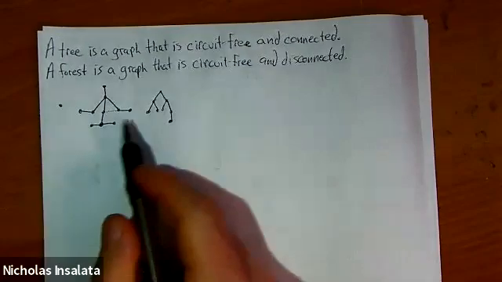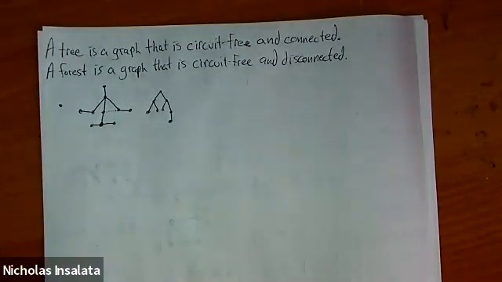Now, if we have a forest, then we can add some edges and it would still be a forest. But the only edges that we're allowed to add are what kind of edge? Between what and what?